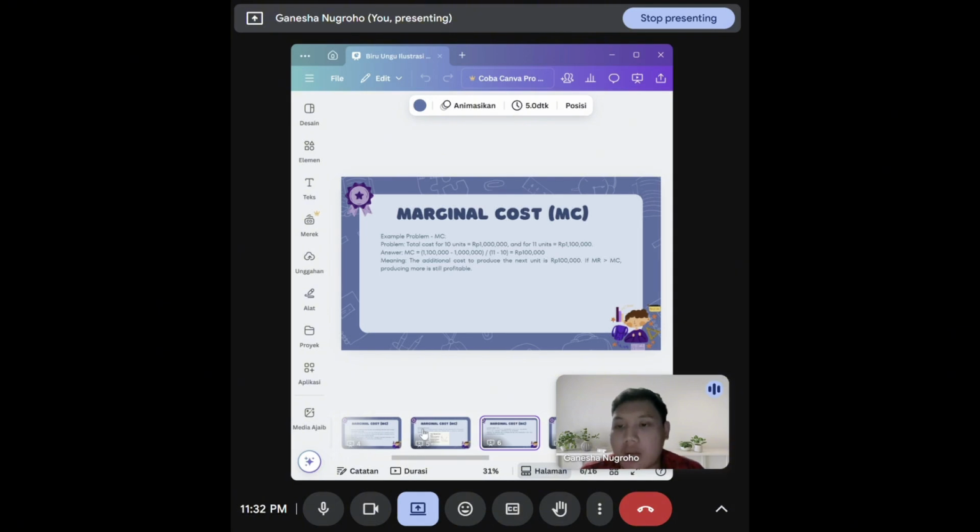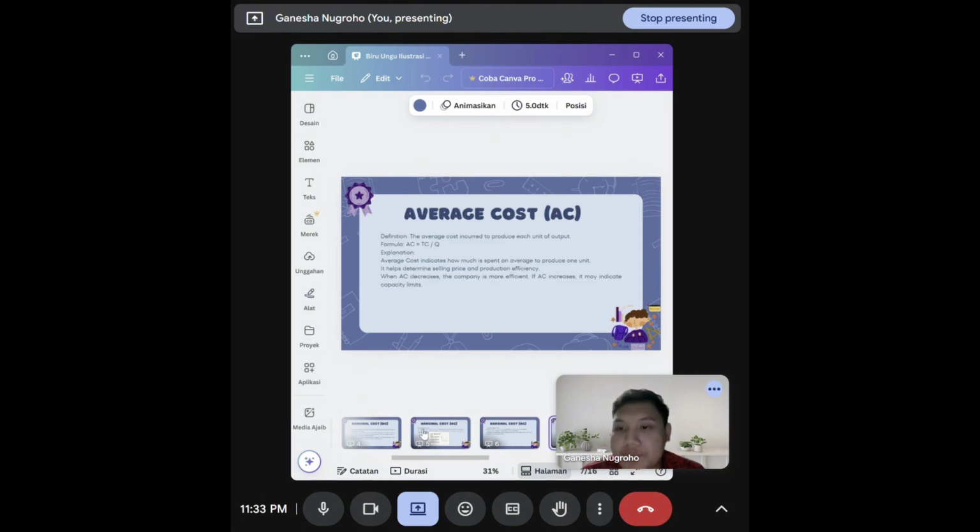Answer: marginal cost is 100 million divided by 1 million, equal to 100, meaning the additional cost to produce the next unit is 100. If marginal revenue is more than marginal cost, producing more is still profitable.